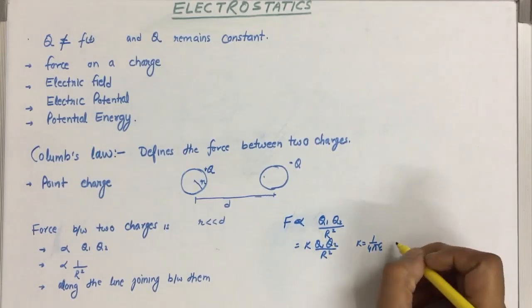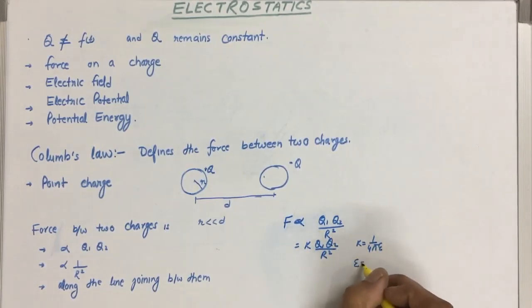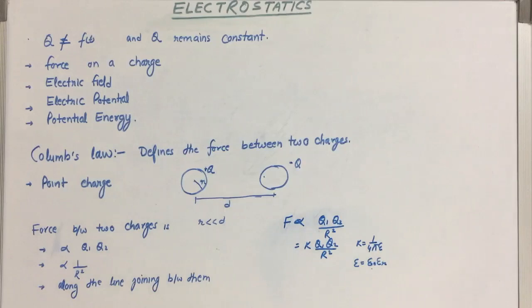Epsilon can be written as epsilon naught epsilon r. Epsilon naught is the permittivity of the medium when the medium is air, and epsilon r is the relative permittivity with respect to the air medium.